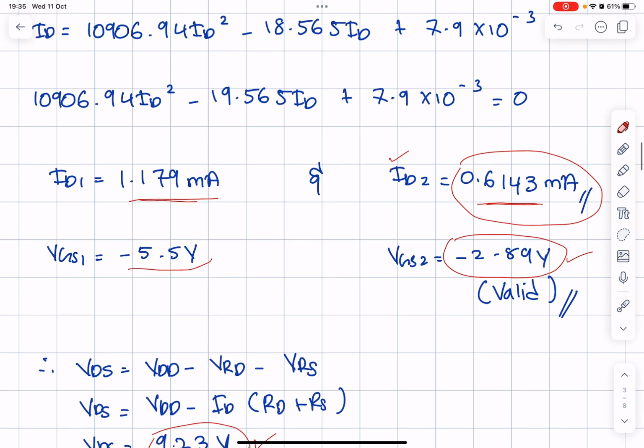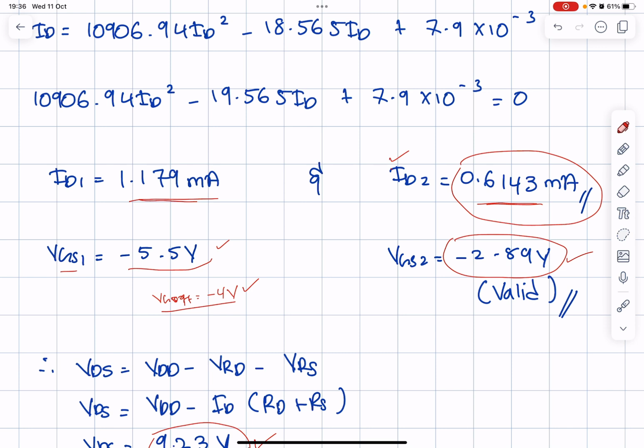So your VGS here should not be more negative than VGS off. VGS off is equal to minus 4 volt. So the VGS1 should not be more negative than VGS off. It must be less negative than minus 4 volt.